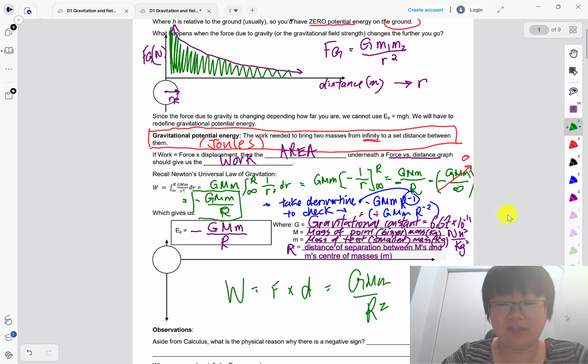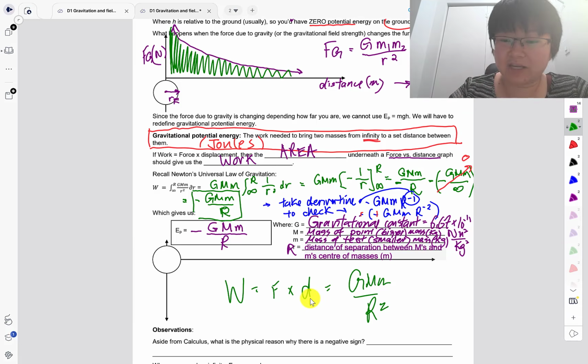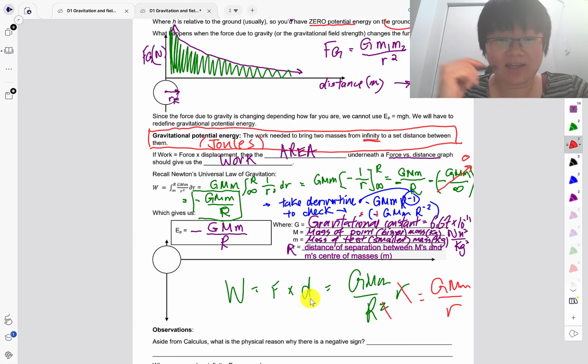Now, if you multiply that force by a distance, which in our case could be r, then you might notice that one of the r's cancels, and you just so happen to get big G, big M, small m over r. And hey, that's kind of a cool shortcut in a way.